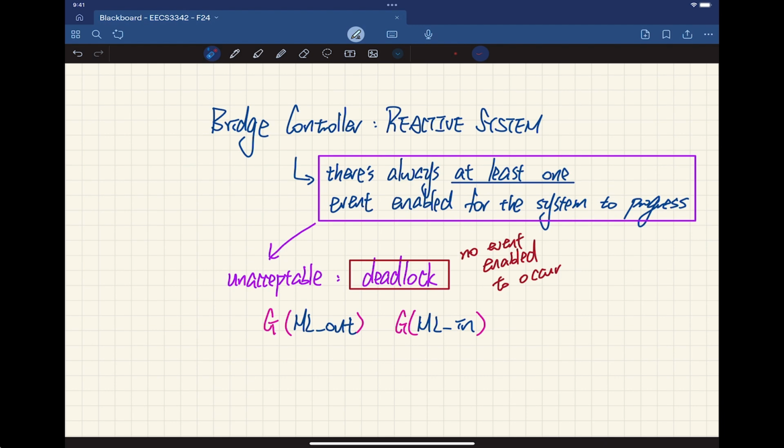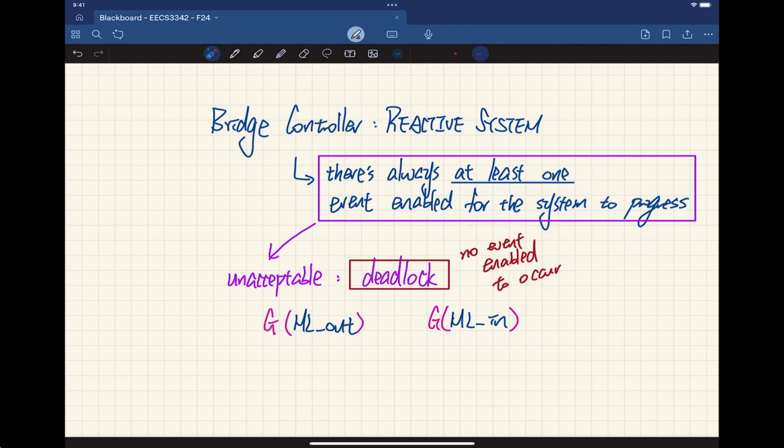Now, I want you to think about this, and once you get this through, the proof obligation itself will be much easier. Here's my question for you. How do I formally express the deadlock condition? If deadlock happened, then no event is enabled.